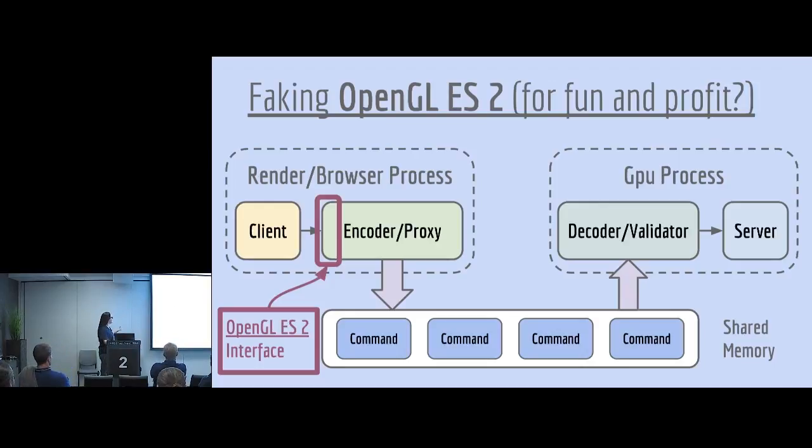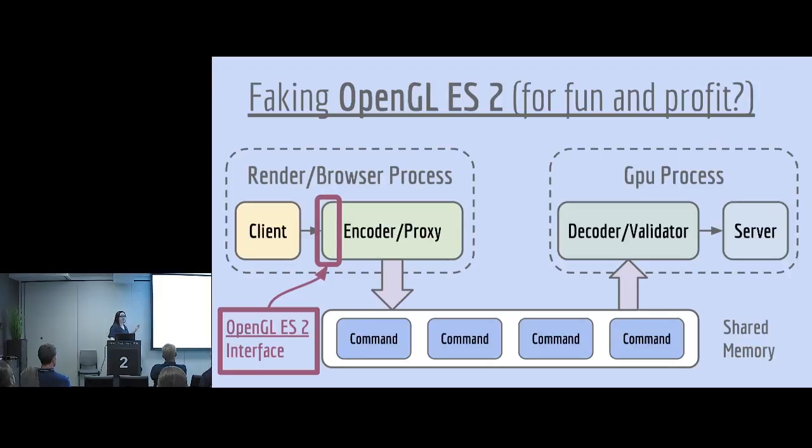Because the thing is that the API for dealing with graphics inside of the renderer process and also in the browser process is OpenGL ES2. And this is generally the mobile kind of API for graphics. And in many places you don't even have OpenGL. But this is the interface that these applications program against. And they do that by having an OpenGL ES2 interface that they program against, using roughly normal OpenGL ES2 commands. But this is really fake.